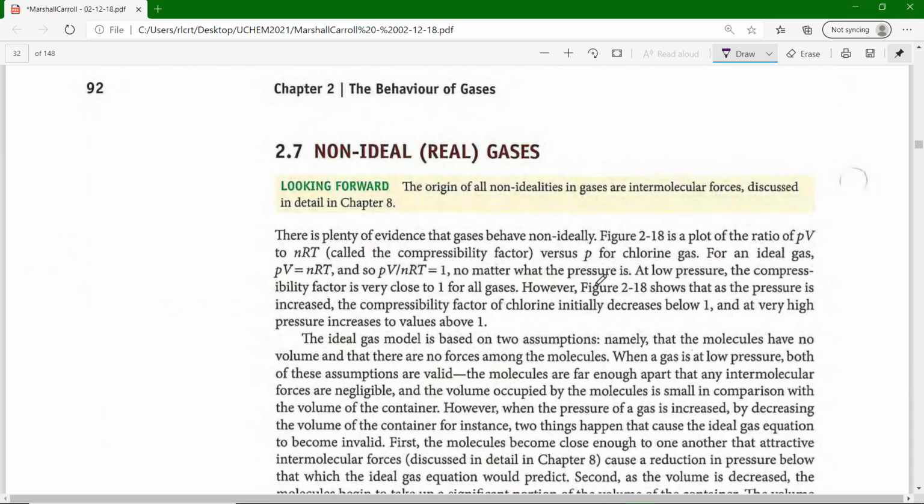Non-ideal gases. So as we said before, if you have a non-zero intermolecular force of attraction, which all systems have, then you won't have an ideal gas. The truth is, the plain cold truth is that there is no such thing as an ideal gas. But we can come close if we have high temperatures and low pressures, because then our intermolecular forces are very weak, and our molecular volumes are very small compared to the volume occupied by the gas.